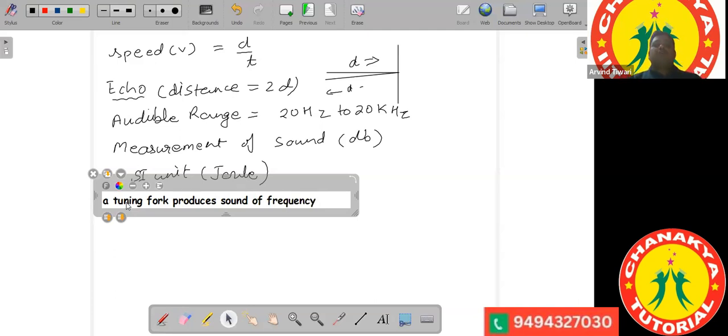Okay, so a tuning fork produces sound of frequency 50 hertz.